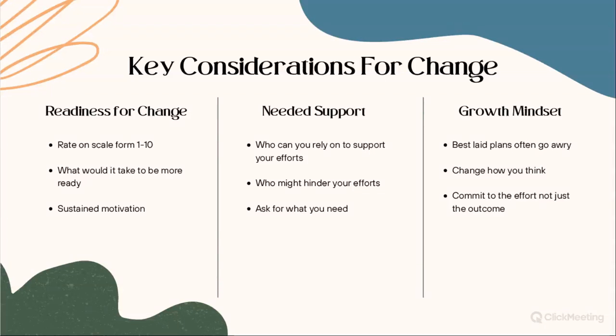So if getting your A1C down is the main goal, and maybe your little SMART goal along the way is to increase exercise, but over the last couple of weeks with the weather, you haven't been able to do what you need to do, think about what else you could do inside, or how you could pivot your plan, and think about staying on top of your progress versus giving up because it didn't work out the way you had planned it. Like committing to the effort, not just the outcome.